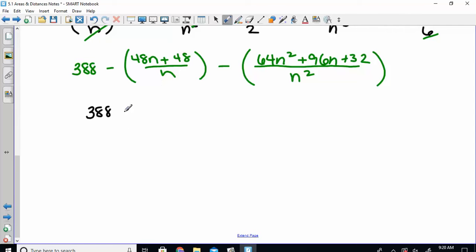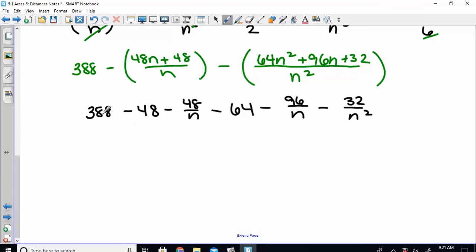I'm going to distribute my negative and simplify these fractions at the same time. So 48n over n would be 48, minus, this would still be 48 over n, minus 64n squared over n squared is 64, 96n over n squared, so 96 over n, minus 32 over n squared.